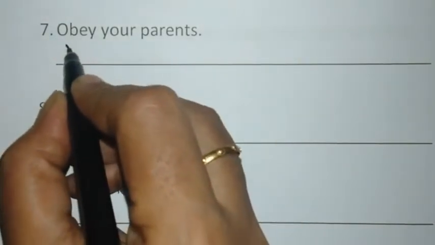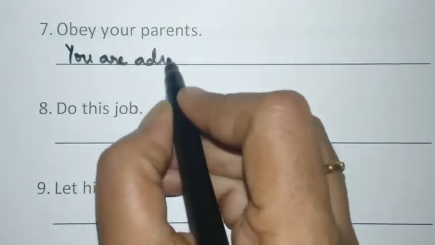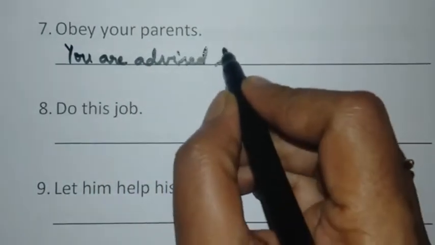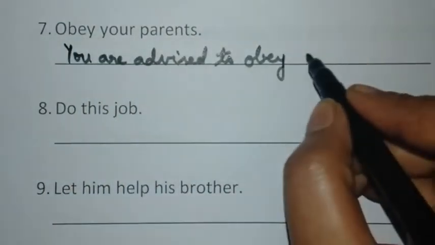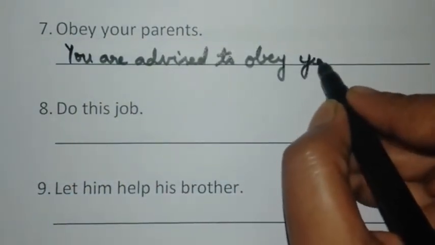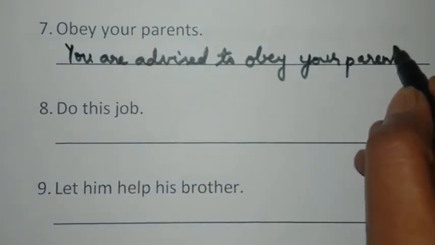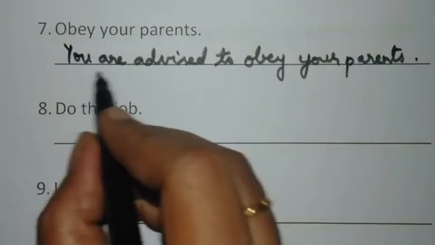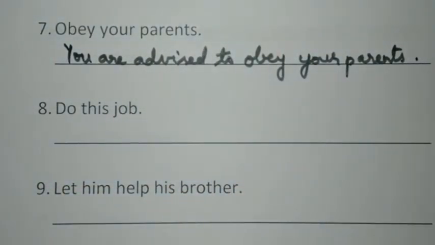So you have to write you are advised to obey. The remaining part of the sentence you have to write, that is obey your parents. You are advised to obey your parents is the passive voice.